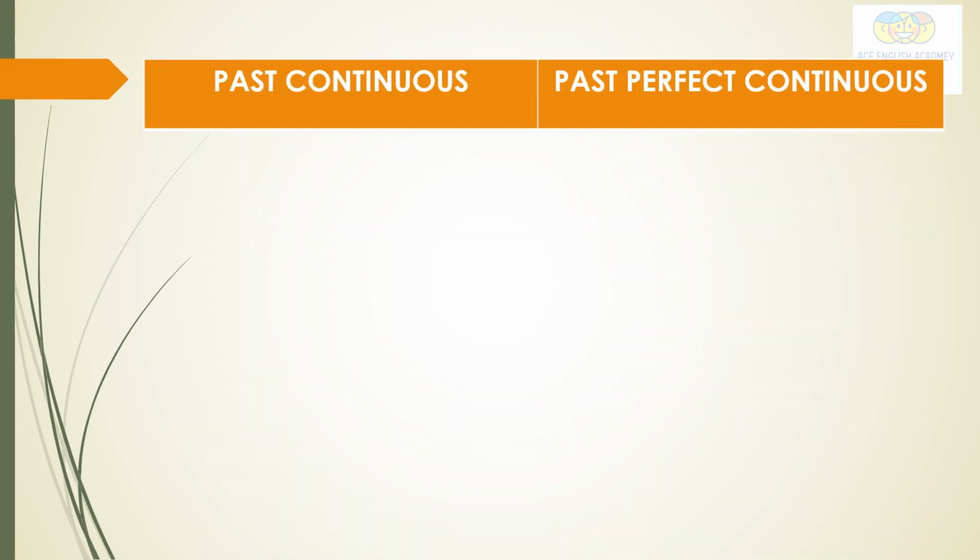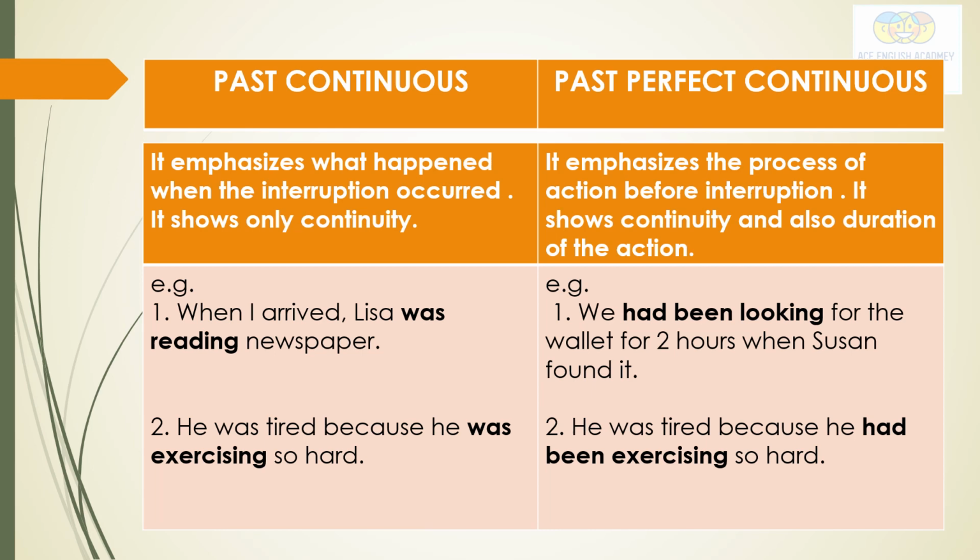So here I have made comparison between the past continuous tense and the past perfect continuous tense. Both the tenses are used when we talk about an action held in past and continued for some time, because it talks about the continuity of the action held in the past. So how come these tenses are different from each other? When we talk about the past continuous tense, it emphasizes what happened when the interruption occurred.